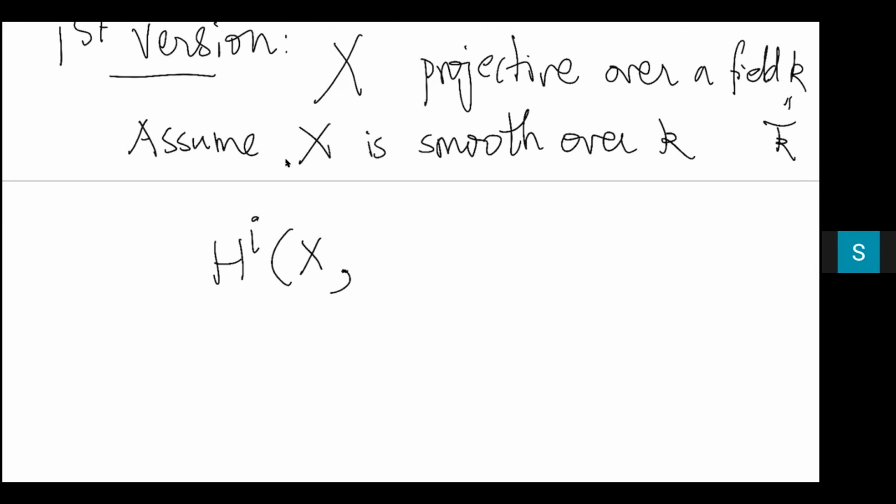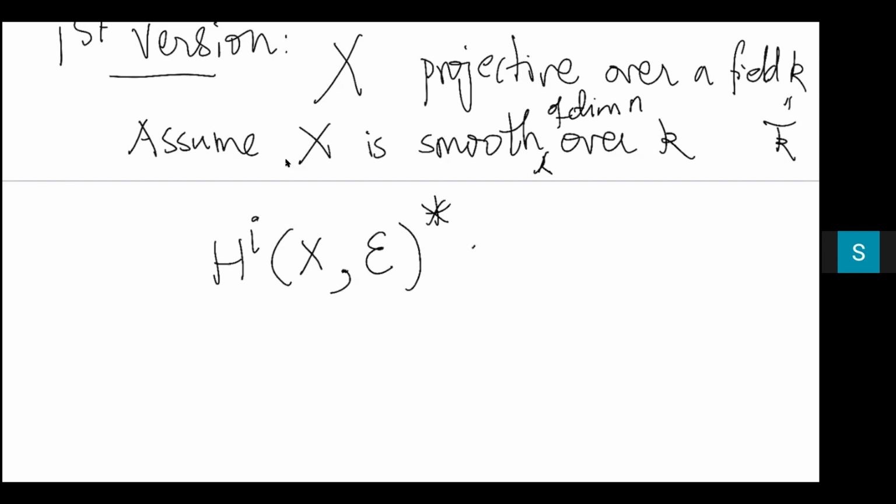So then X is smooth over K. And if X is smooth over K, it will have a certain dimension, of dimension n. Then Hi X E, where E is a locally free sheaf, but in fact we will soon replace it by any coherent sheaf.